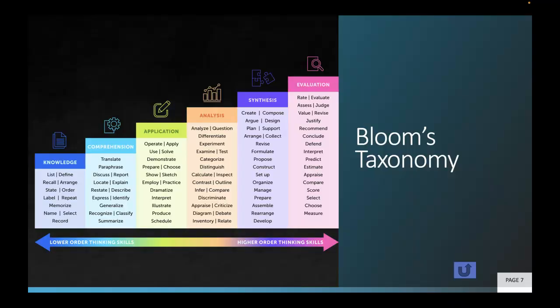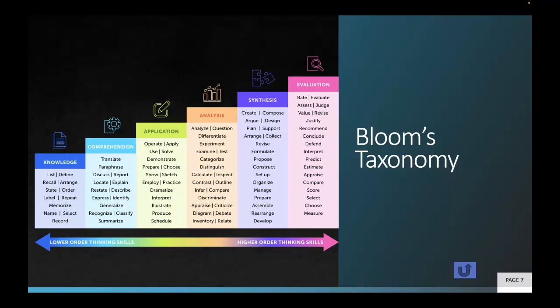So I want to talk a little bit about Bloom's taxonomy. I think most of you are familiar with this. Probably you have seen it most commonly in that inverted triangle where the lower level questions are on the bottom and the higher level questions are on top. I like this format because it shows you the continuum of lower order thinking and higher order thinking.